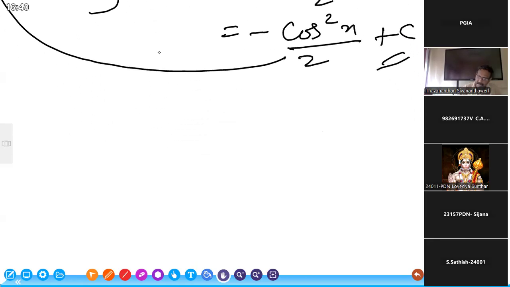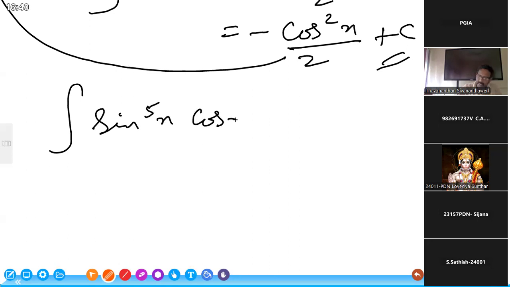In this line, the last example, integration of sin to the power 5 x cos x. Here you can consider only one term as u. You can't take either sin or cos as u; here you can take only sin as u.